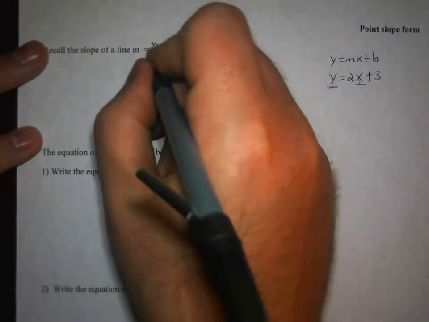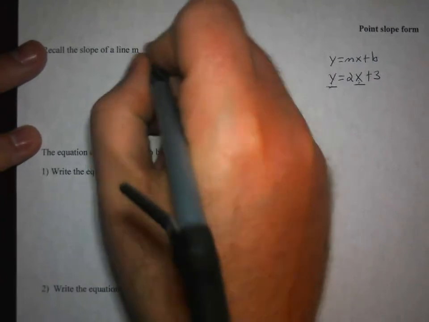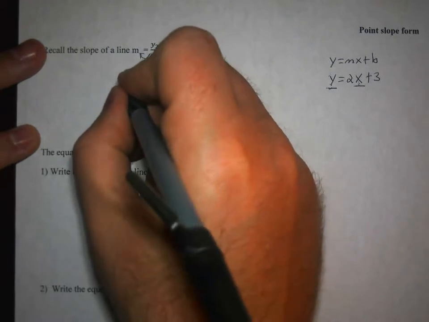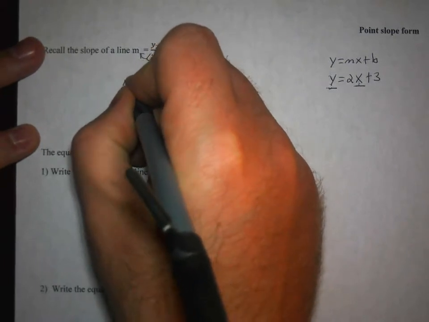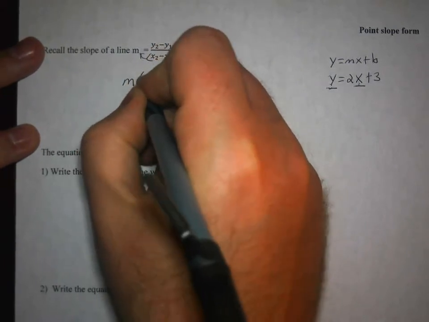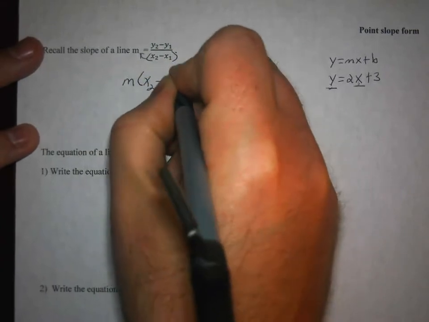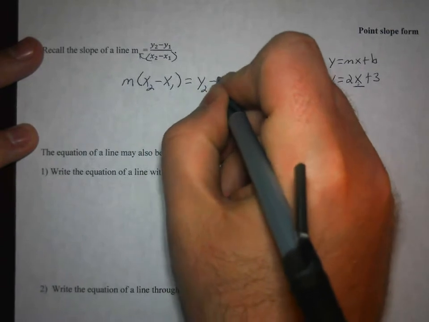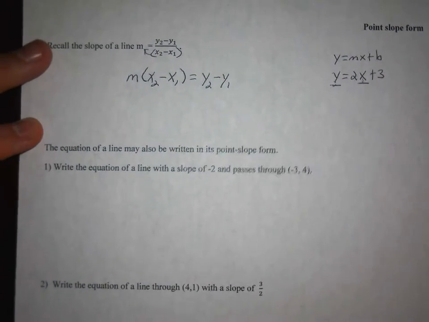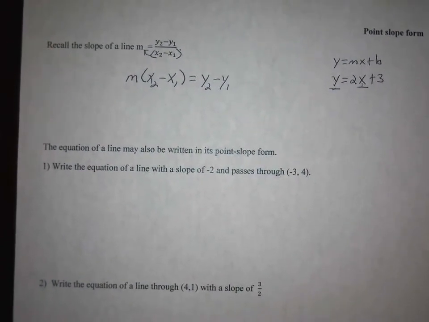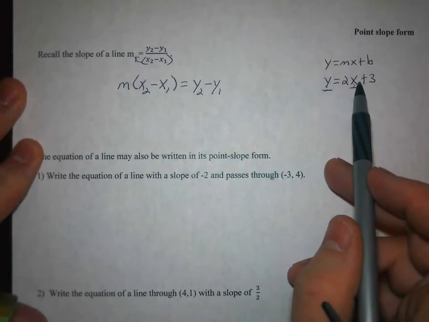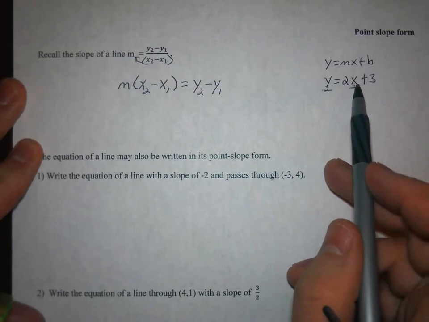What we do is you multiply both sides by x2 minus x1. And what that'll give you is m times that quantity equals y sub 2 minus y sub 1. Now, like I was saying over here, the reason I brought this up at the beginning was that when you have the slope-intercept form, there's still an x and y in our equation.